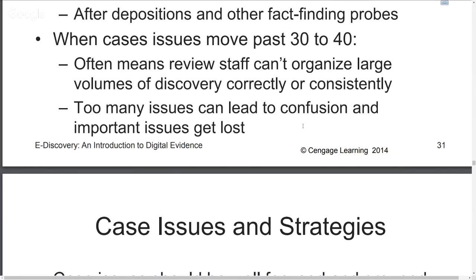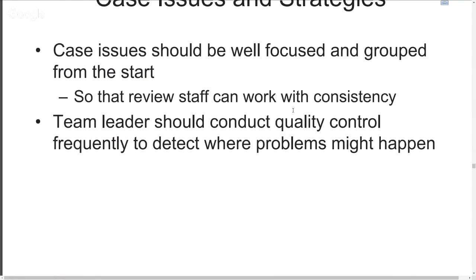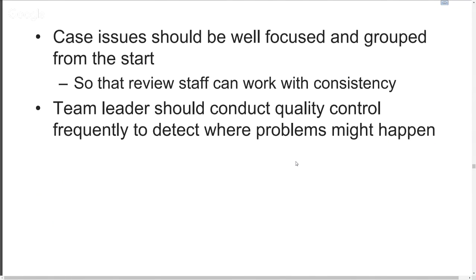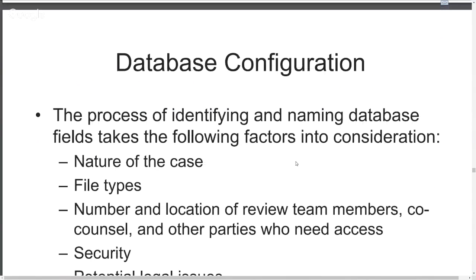Too many issues can lead to confusion, and the important issues get lost. Case issues should be well-focused and grouped from the start so that review staff can work with consistency. A team leader should be selected to conduct quality control and frequently detect where problems might happen.